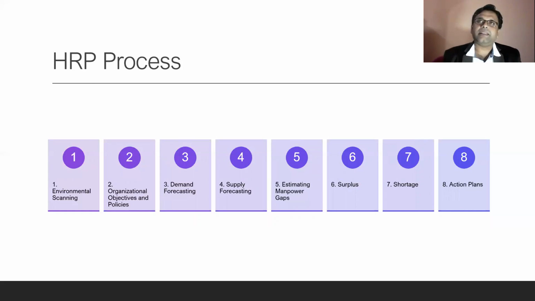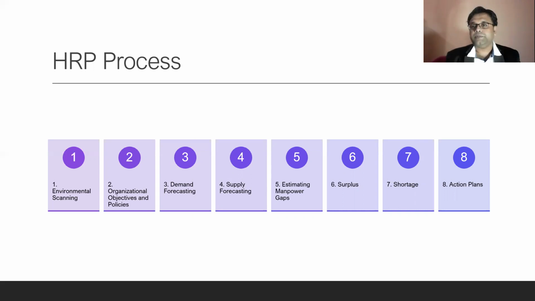For example, Facebook has already taken a decision that up to July 2021 all the employees will be working from home. That is manpower planning. Capgemini has recently announced that they are going to train 50,000 Indian employees in modern technologies. That is recruitment, training and development planning, part of human resource planning. So that is the environmental scanning we need to do.